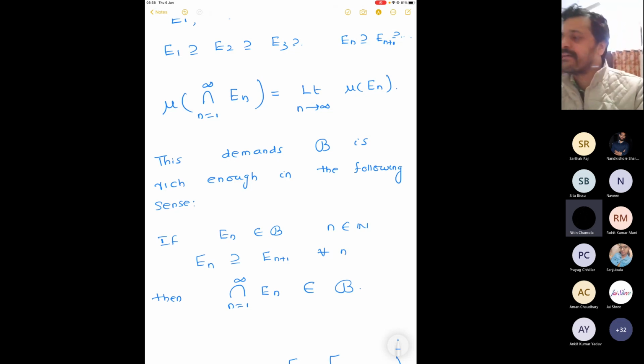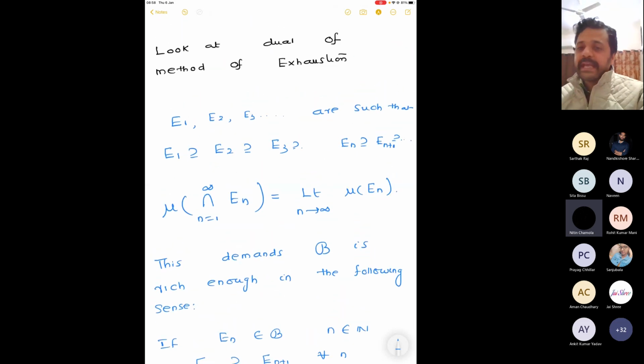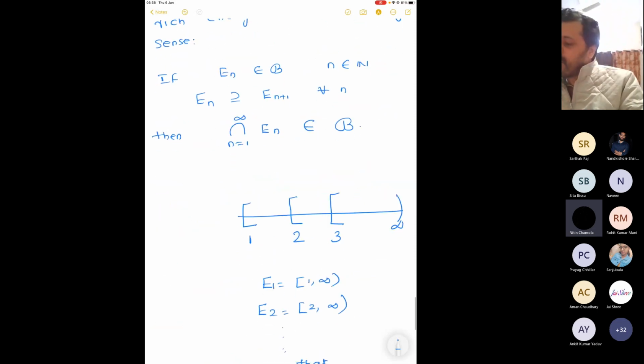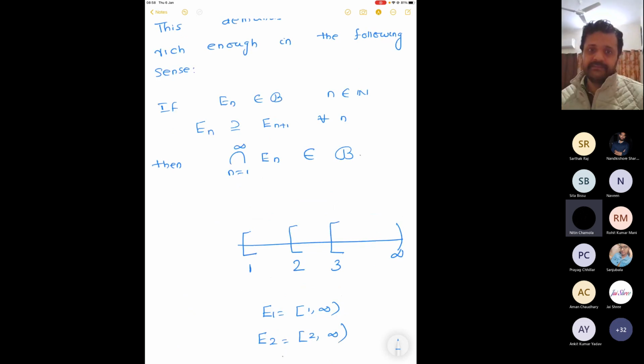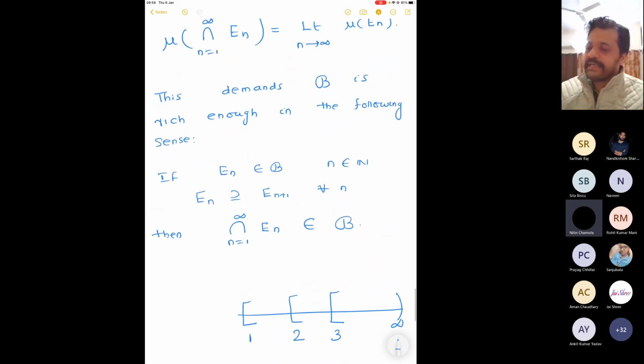So what does this example tell you? We cannot take this property. We cannot expect this property. We cannot impose this property, at least when mu of something becomes infinity. The issue here was mu of E1, E2, everything was infinity. Of course, if one mu of En is infinity, all other mu of En will be infinity after that because of this chain condition.